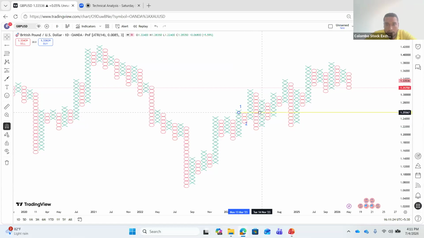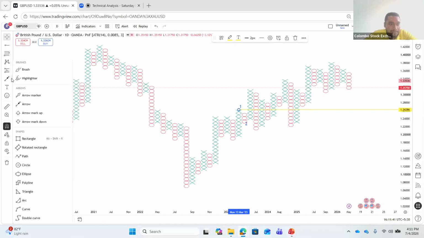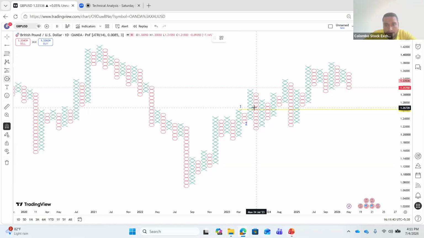This is where we see a reversal, and here you see a breakout from the first column of X's. This is the breakout candle. This one is the breakout X.